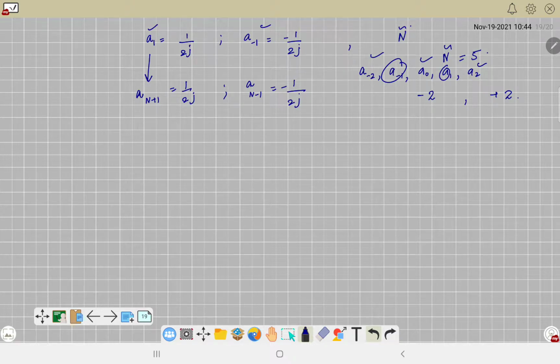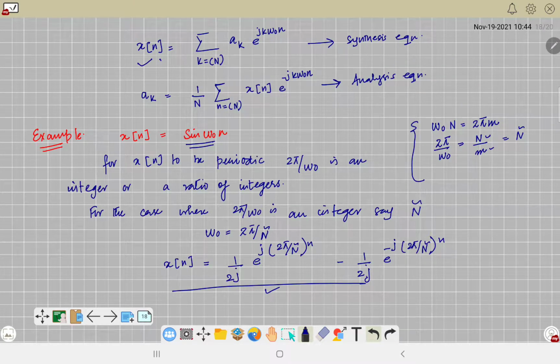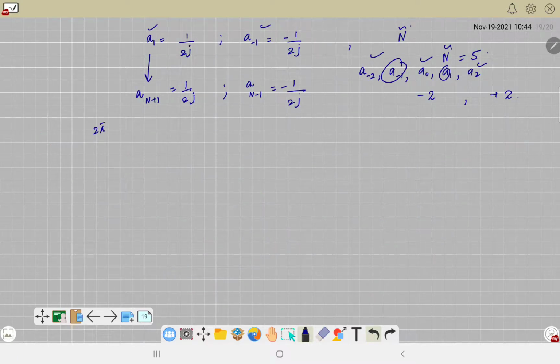In the case where it is a ratio of integers, so if 2 pi by omega naught is a ratio of integers, that is N by m, accordingly your relation will vary.